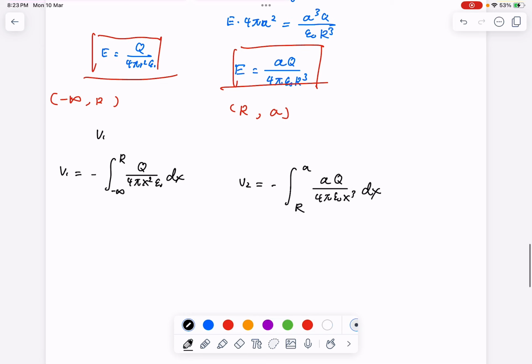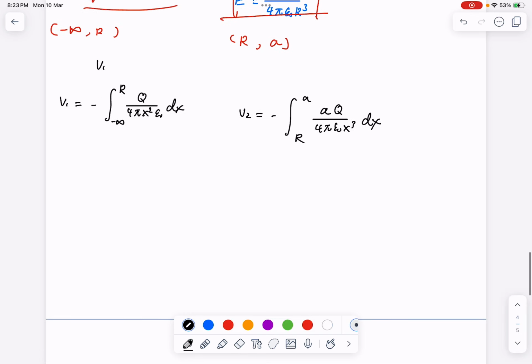Okay, and the potential from bringing a charge from negative infinity to A is V1 plus V2. And that will be all. Thank you.